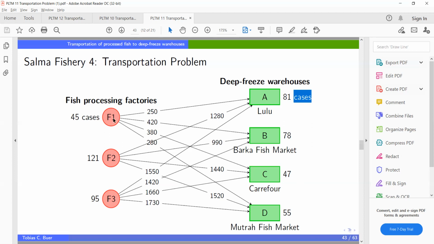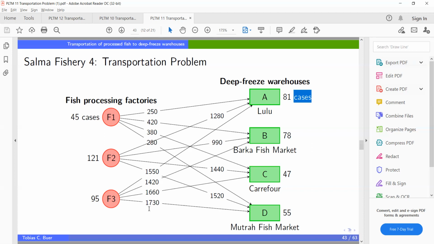If we transport one case from F1 to A, this will cost us 250 Baisa per case. If we do a transportation from F1 to B, it is more expensive. One case will cost us 420 Baisa. And if we do a transportation from F3 to D, it is even more expensive.